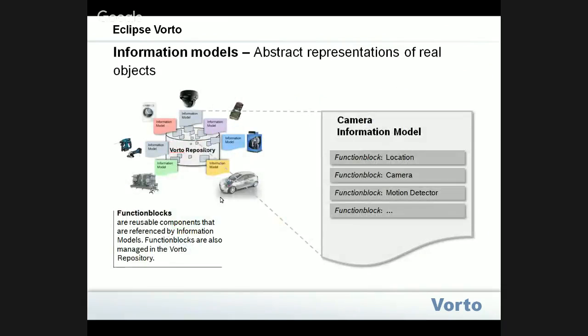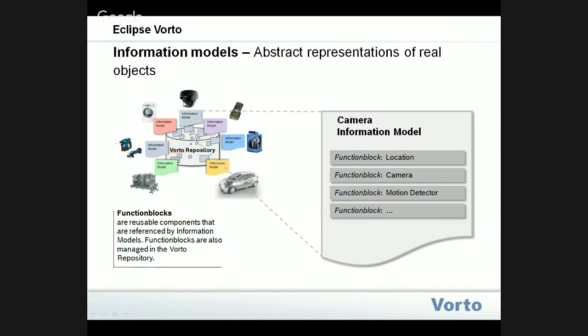So now, if we have a closer look at the camera information model here. The camera information model, of course, needs to contain some information about the functionalities of a camera. We do this using function blocks. A function block is a group of functionalities, properties, and maybe events that are related to a specific functionality, like a camera here. So we need a function block for a camera.